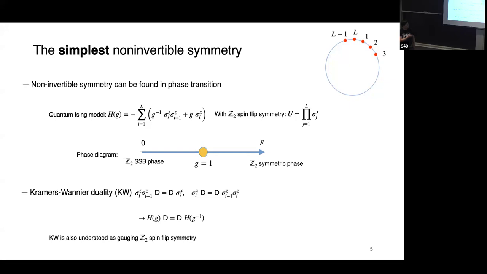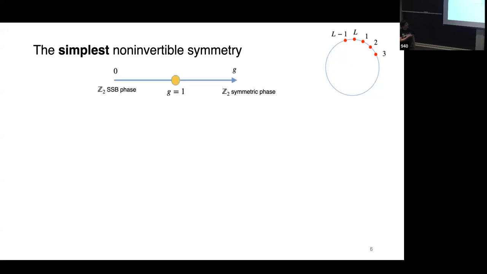The Kramers-Wannier duality is also understood as gauging this Z2 spin flip symmetry. Because we are on a finite dimensional Hilbert space, every operator is just a matrix, and I will show that this Kramers-Wannier operator is a matrix that is not invertible.